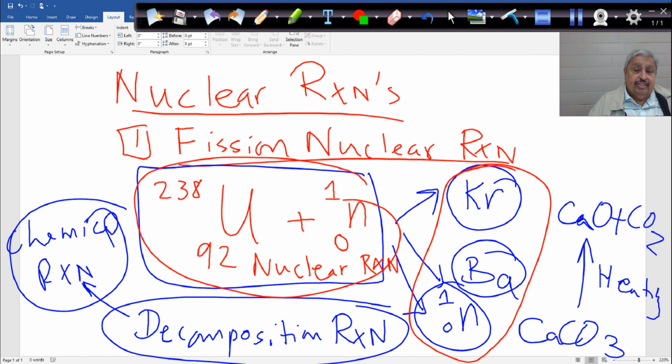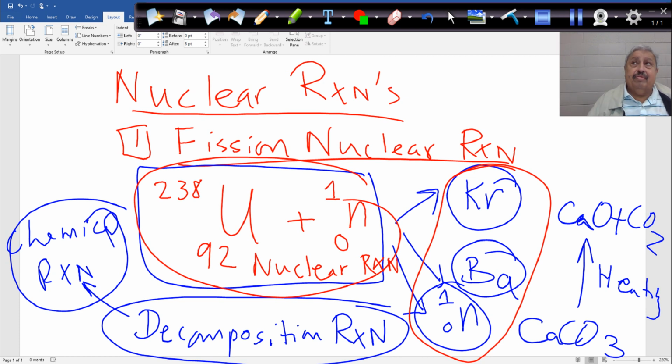Okay, so this is fission. Fission means bombarding or chopping down the nuclei of large isotopes. Those, by the way, are mostly lanthanides and actinides.